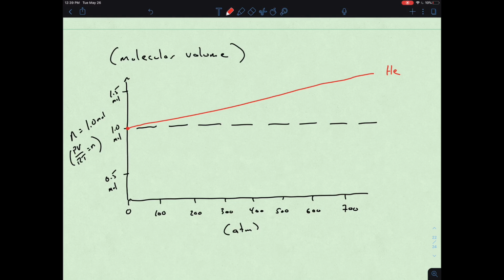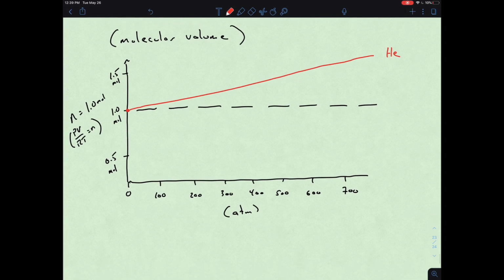If we're right around atmospheric conditions, 1 atmosphere, it actually behaves quite like the ideal gas law, and that's why we tend to use the ideal gas law.